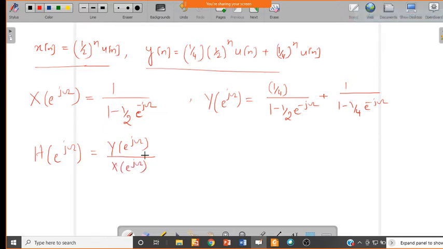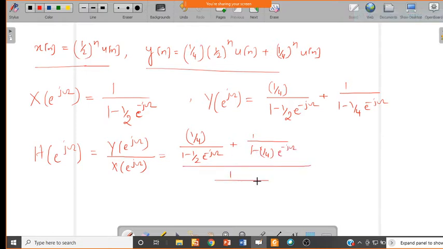Now if you take the ratio, you take 1 by 4 divided by 1 minus half into e power minus j omega, plus 1 over 1 minus 1 by 4 into e power minus j omega, and this is divided by 1 over 1 minus half into e power minus j omega.